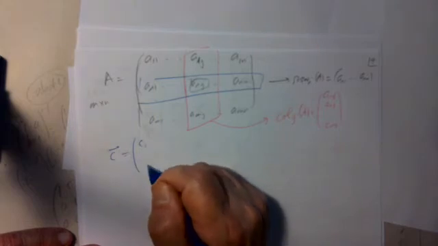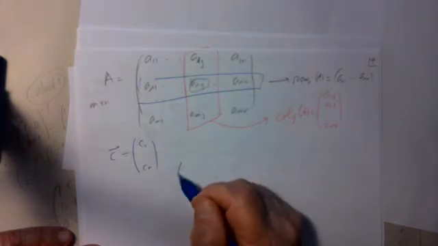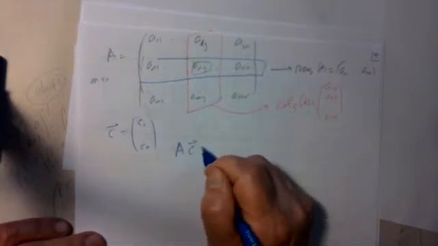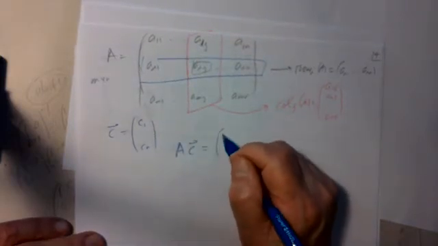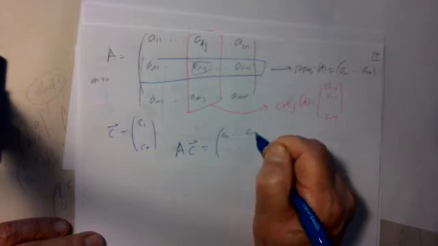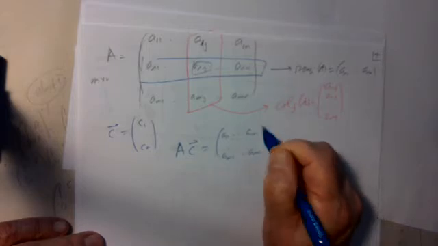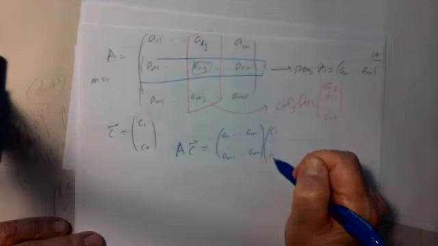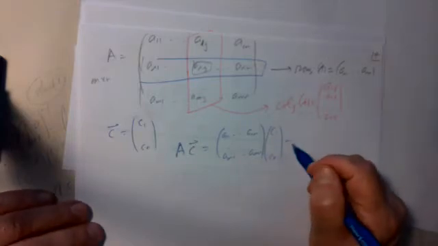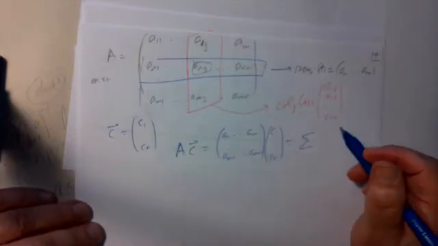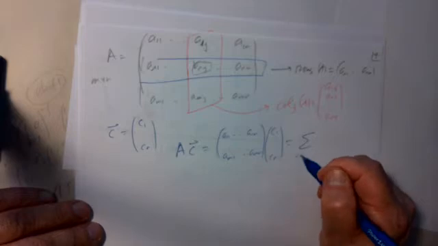And if you take the vector c to be a column vector, c_1 up to c_n, then the matrix A times this column vector is a linear combination of the rows of the matrix.